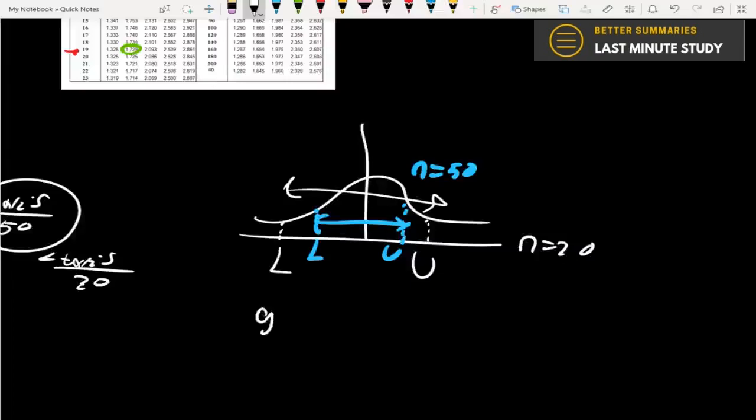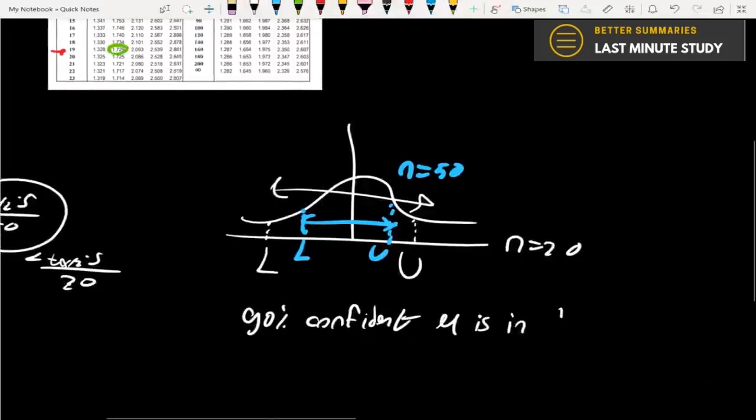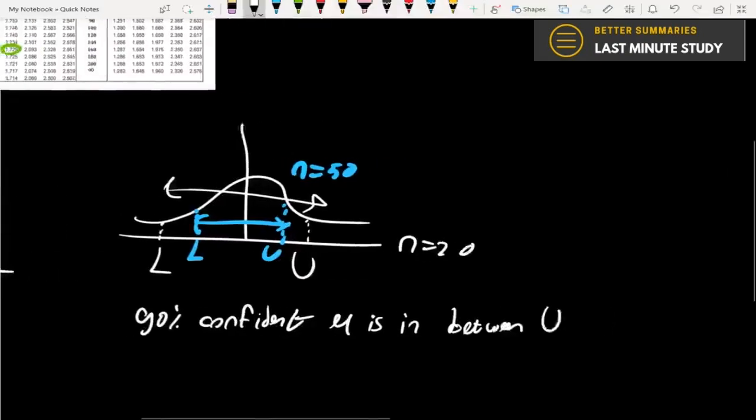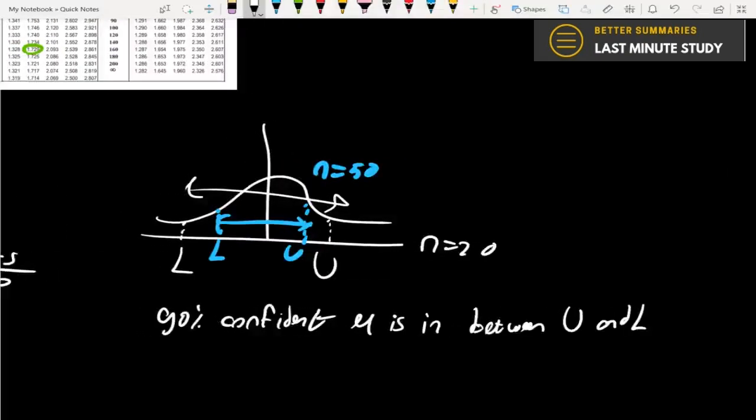We were 90% confident that mu is in between U and L. Suppose I increase my sample size, I get more information.